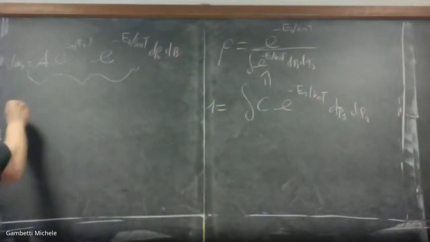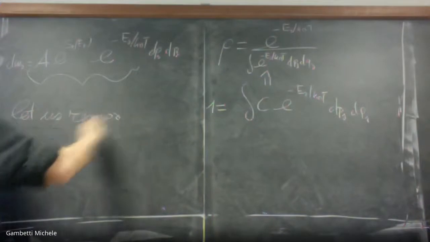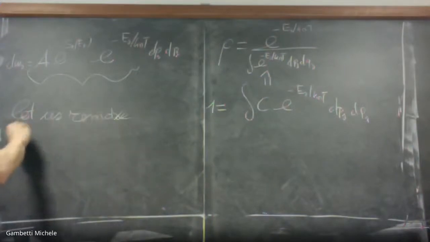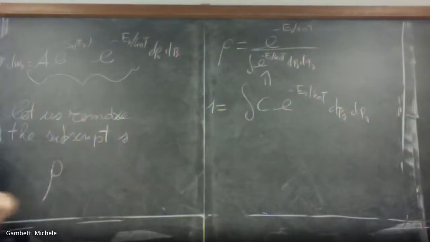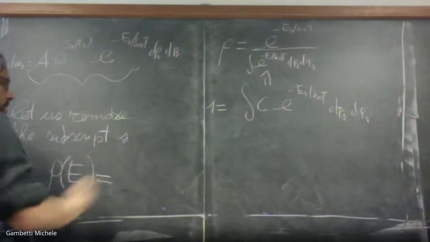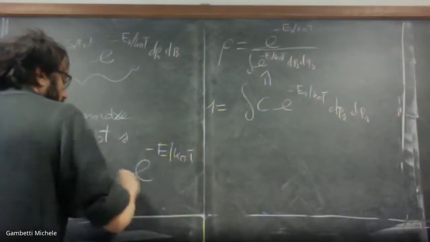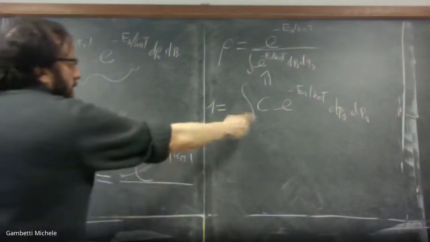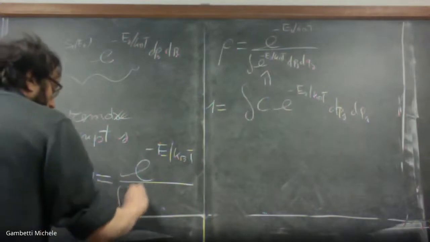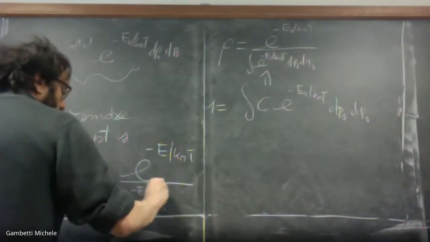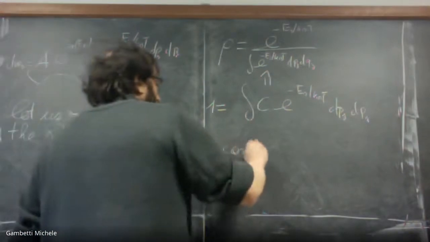Whereas in this case, let us remove the subscript S. And let me write rho as a function of E, which is an exponential of minus E divided by kBT divided by this, that will be basically the partition function, but I will write again as the integral of e to the minus E over kBT dp dq. This function represents the canonical ensemble.